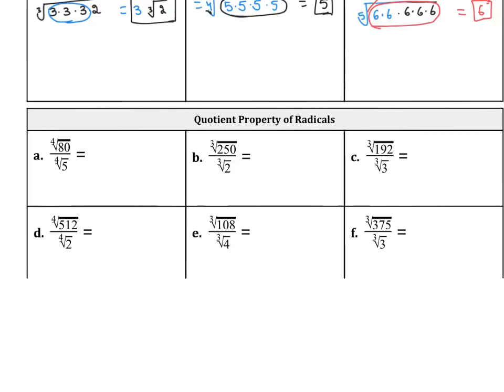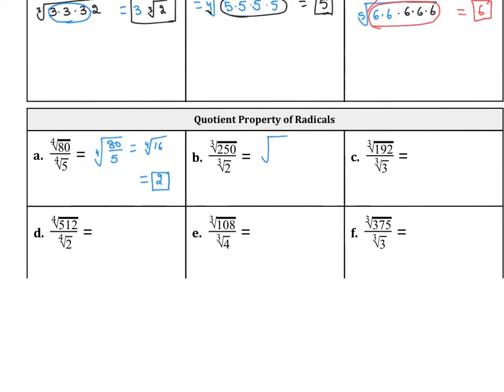Next is the quotient property of radicals. Letter A, you're going to combine the 2 radicals into 1 radical symbol. 80 divided by 5 is going to be fourth root of 16, and fourth root of 16 is 2. So your answer is going to be 2.